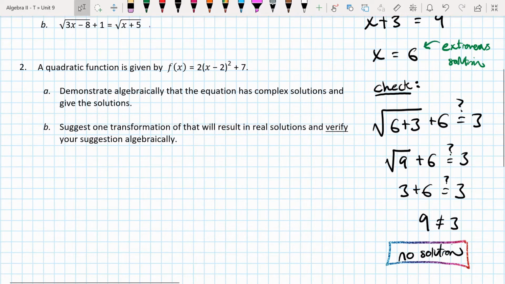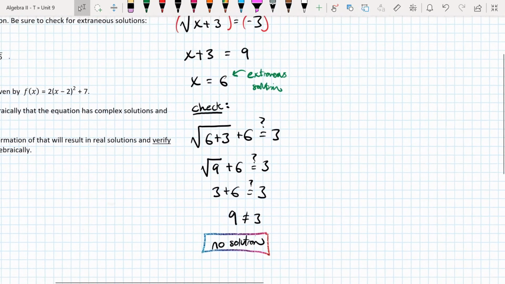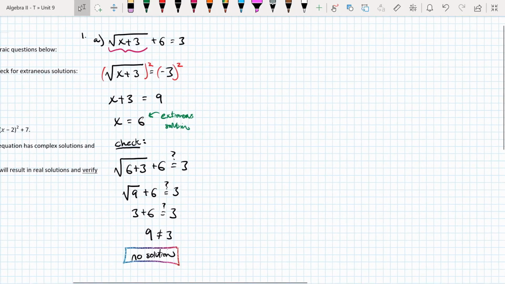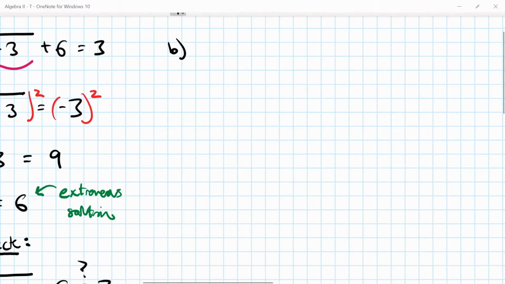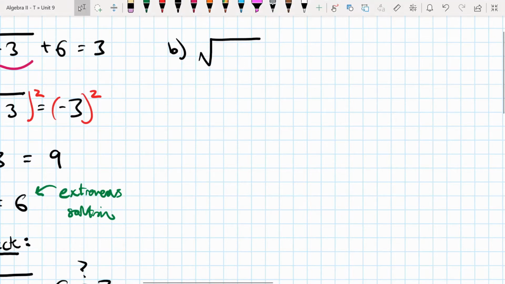Okay, let's do one that's a little bit more challenging. Okay, so over here, let's go through letter B, which is the square root of 3x minus 8 plus 1 is equal to the square root of x plus 5. Okay.